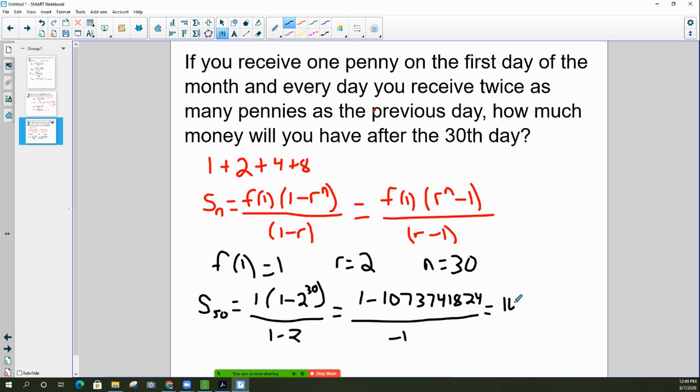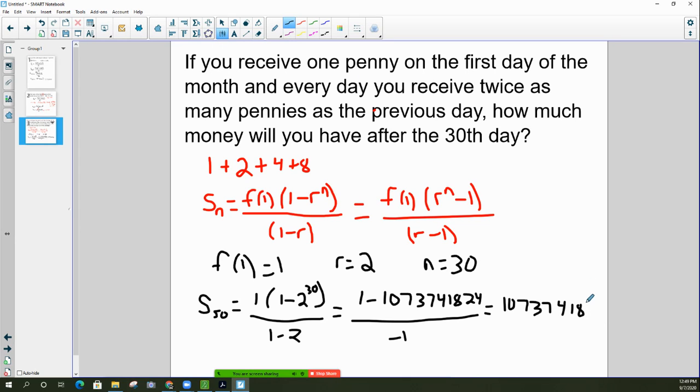So my number, this is the number of pennies that I will have after the 30th day. But the question doesn't ask how many pennies I have. It asks me how much money I have. So obviously I just need to do a simple little conversion and divide by 100. Whoops, sorry, I forgot to subtract the 1.